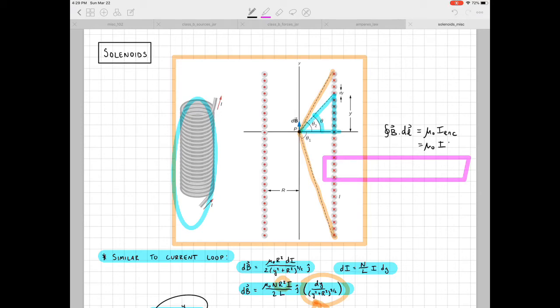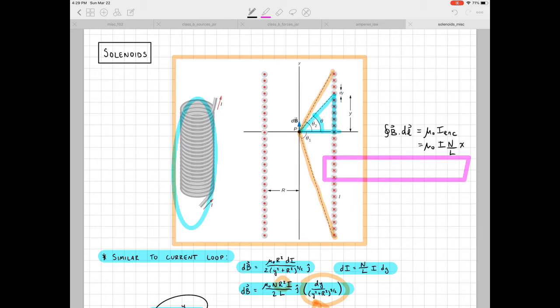So I times n, the number of loops in the wire, divided by L, the length of the solenoid, and then multiplied by x, which in this case would be my 4 loops. So this x I'm just going to use as a generic placeholder, but in this case it would be 4.